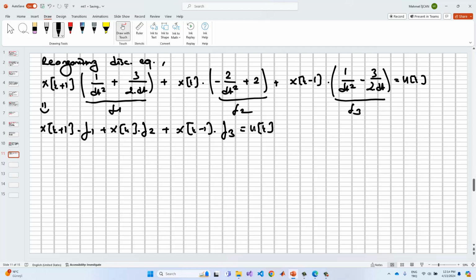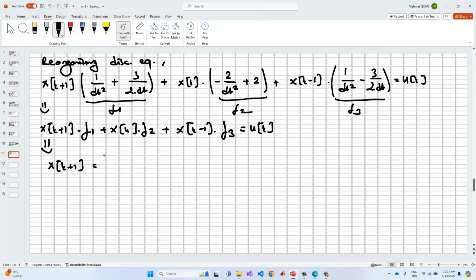The uk. Okay, and so in order to build up our difference equation, we take xk plus 1 on the left hand side, which must be equal to the other part. So this part and this part should be moved to the right hand side.